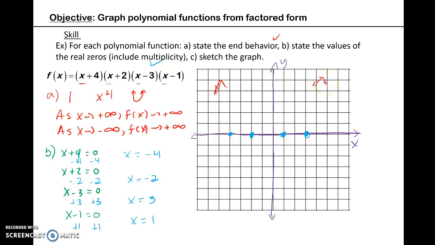So we're going to graph from left to right. I'm going to start up here, go through my 0, come back up, go through this 0, go through this 0, through this one, and there we have it.